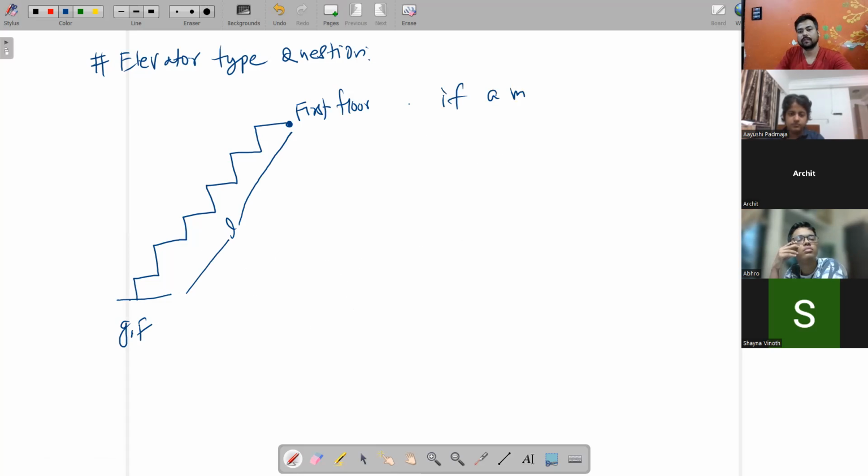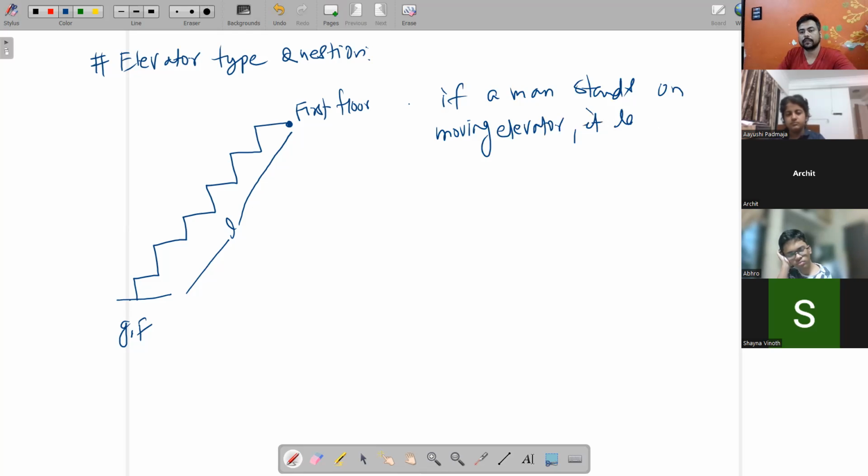If a man stands on a moving elevator, it takes 10 seconds to reach up.